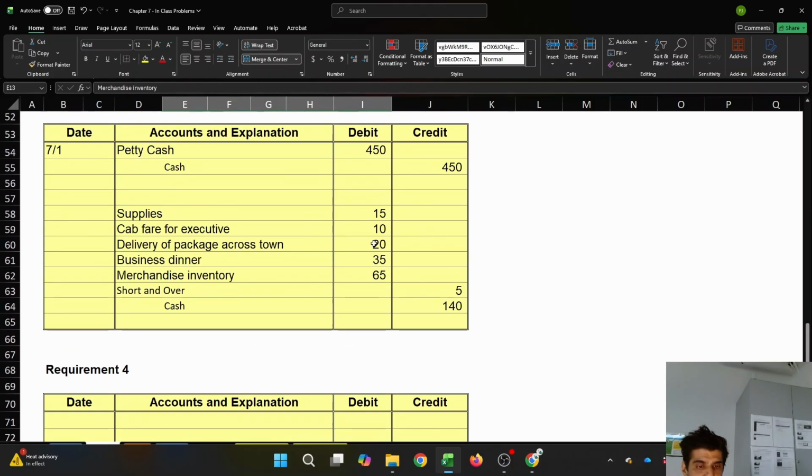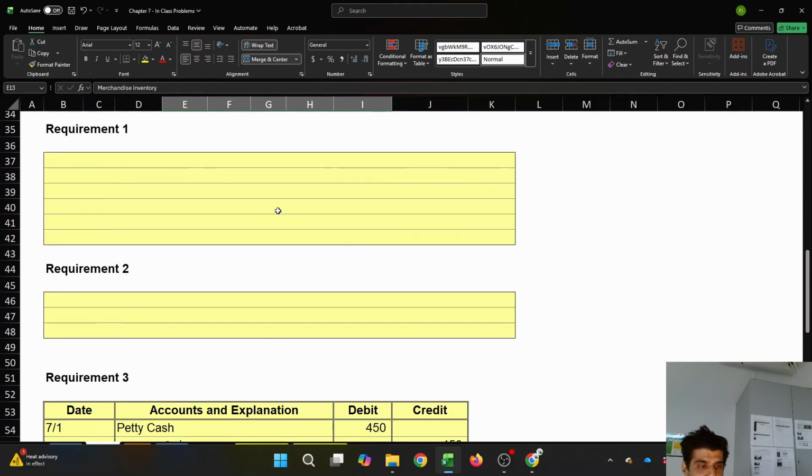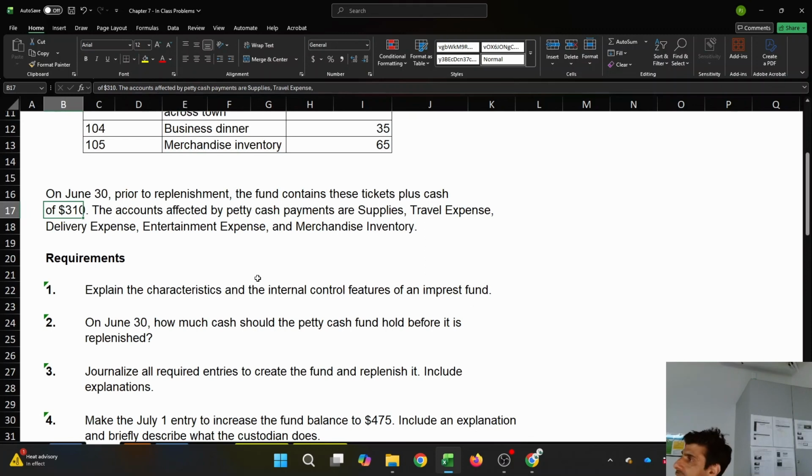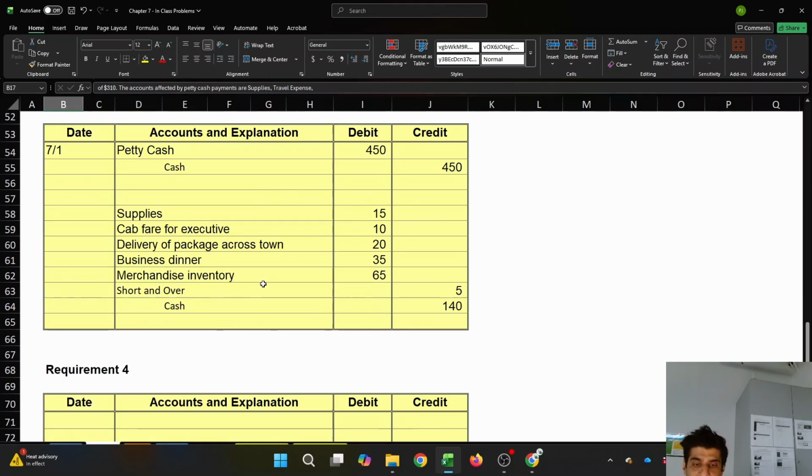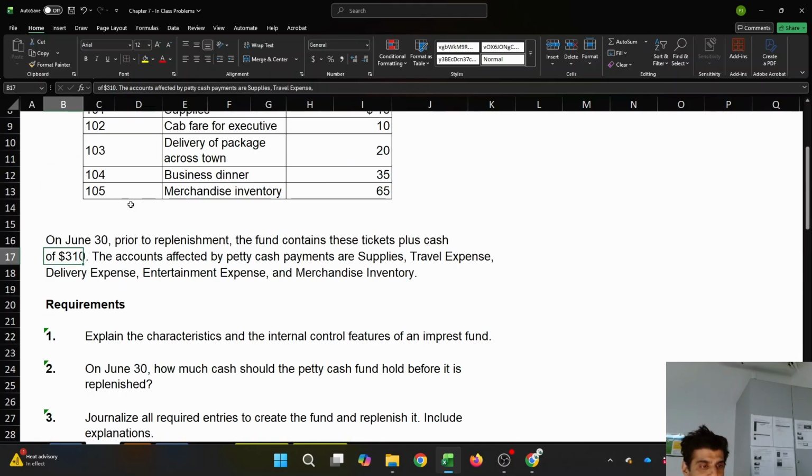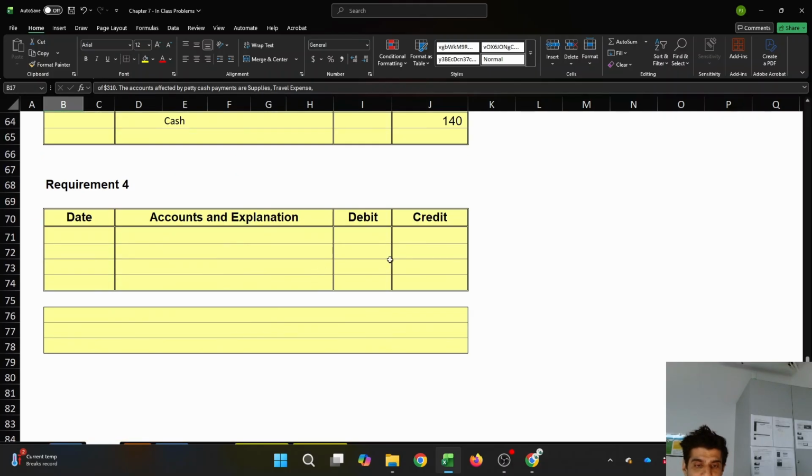Because again, if I had 305, it would have exactly matched up, and I wouldn't have had to use cash short and over. Does everyone agree with that? If I change this to 305 instead, how much would I have to get from the ATM? 145, right?